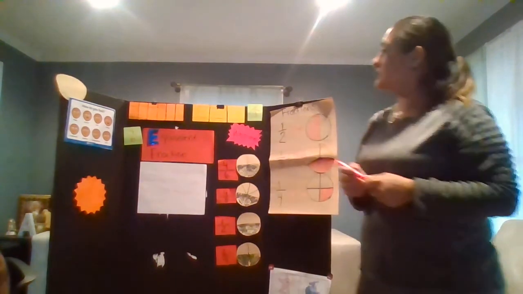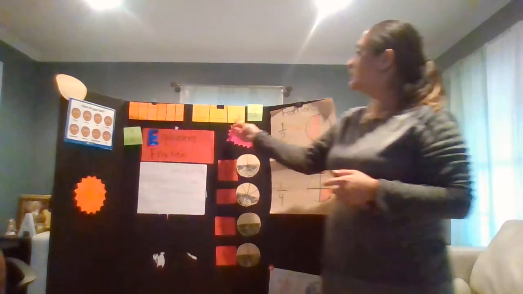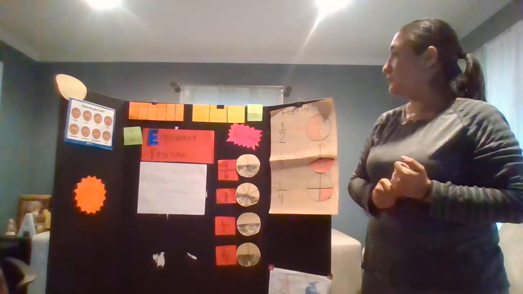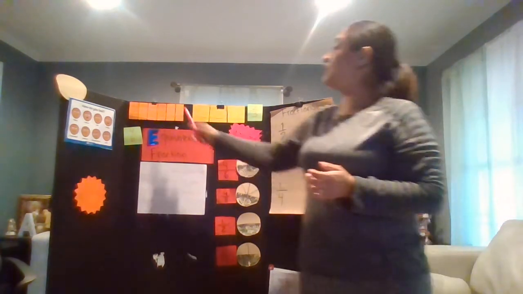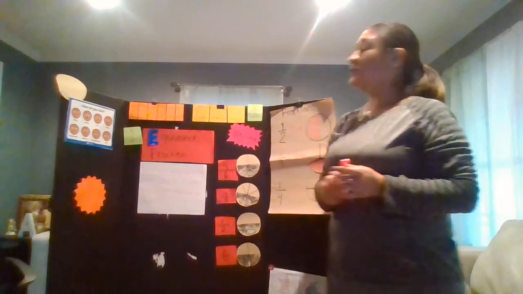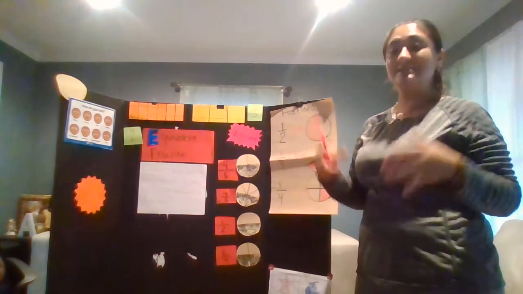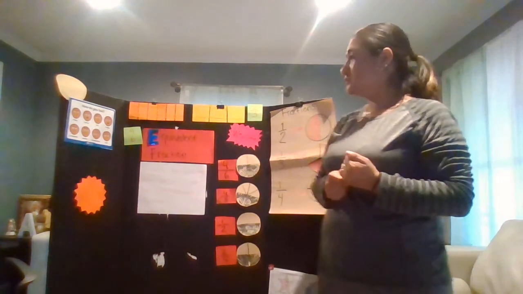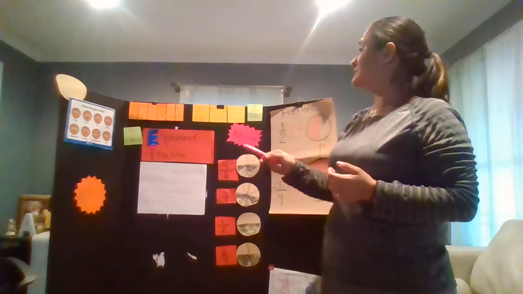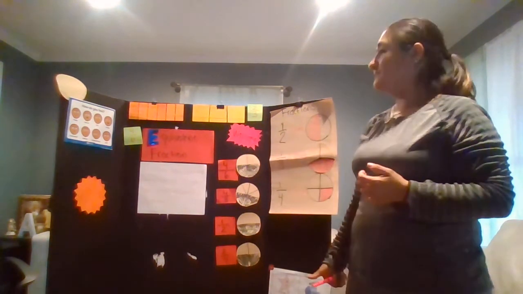So now let's take a look at them. Did their whole value change? No, you're right. Even though one is 4 out of 6 and the other one is 2 out of 3, their value portions stayed the same. So do you think they're equivalent fractions or not? So 4/6 is equivalent to 2/3? Yes. Good job.